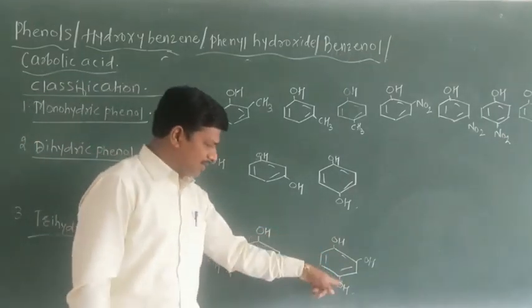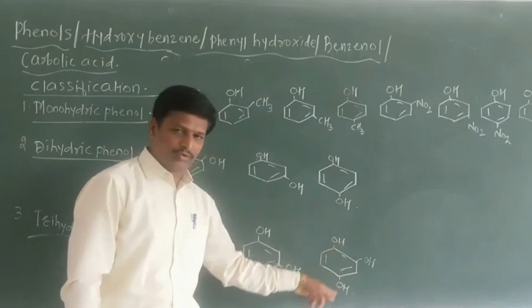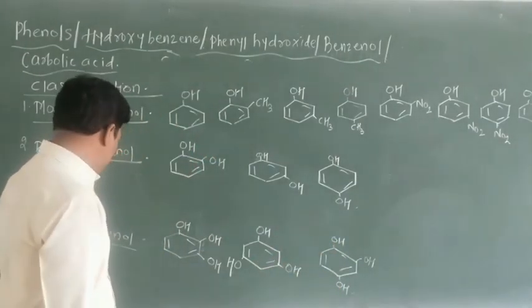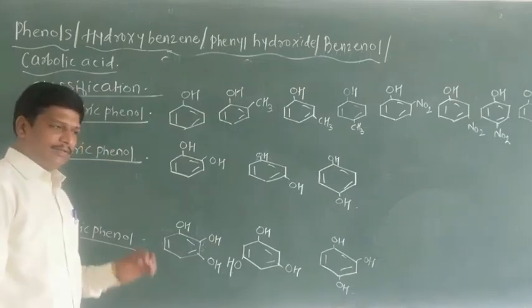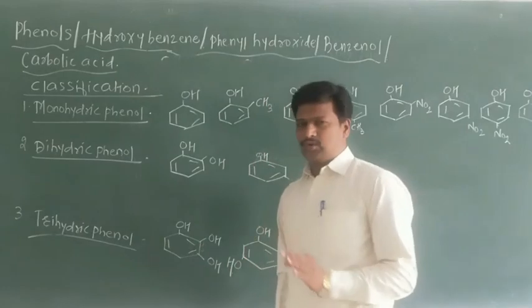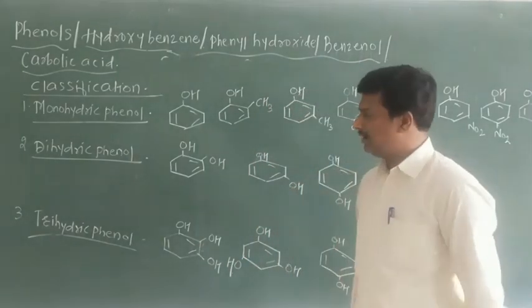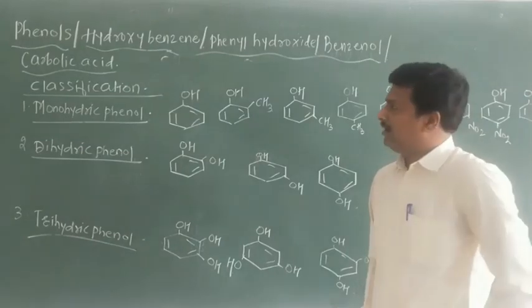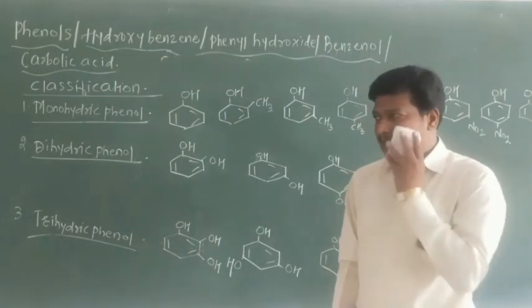And the last structure also contains 3 OH groups. Therefore all these are the trihydric phenols, and the term is like this: it contains 3 OH groups. Finish. So in this way we have discussed the classification of the phenols.